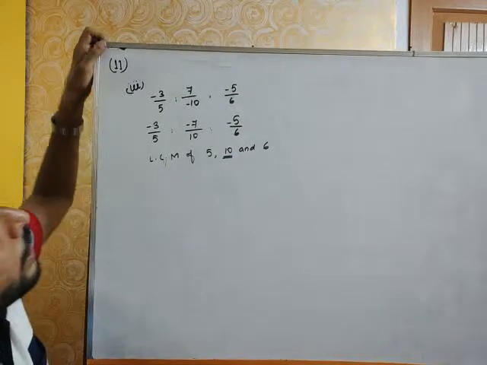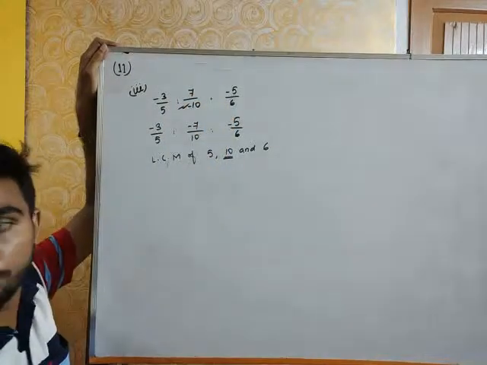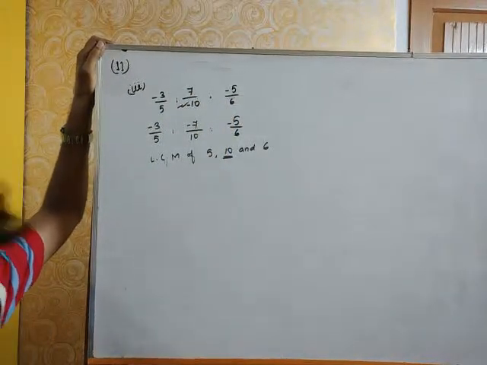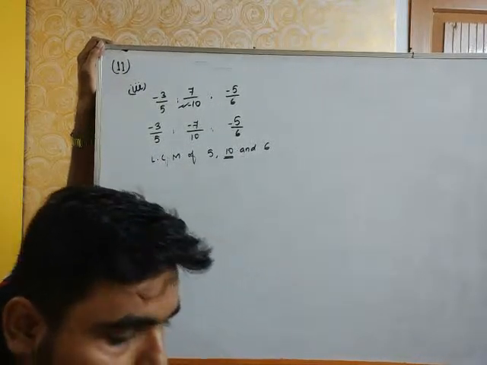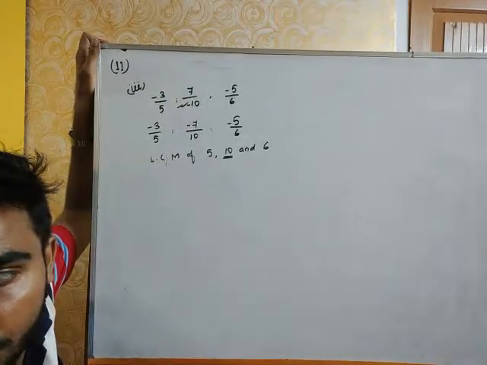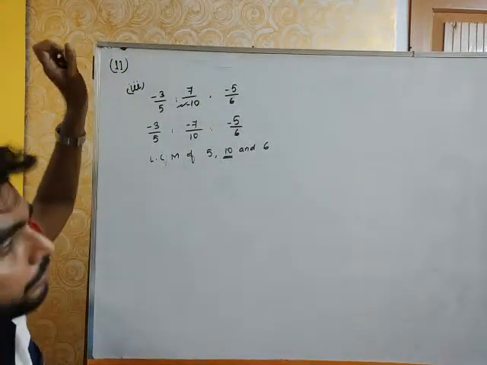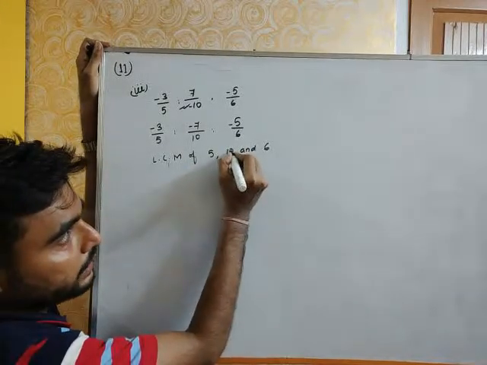Minus 10 was minus in the question, the denominator is negative. So before finding the LCM, we have to make it positive. Okay, we are doing number 11's number 3. So to find the LCM, what is the largest number here?